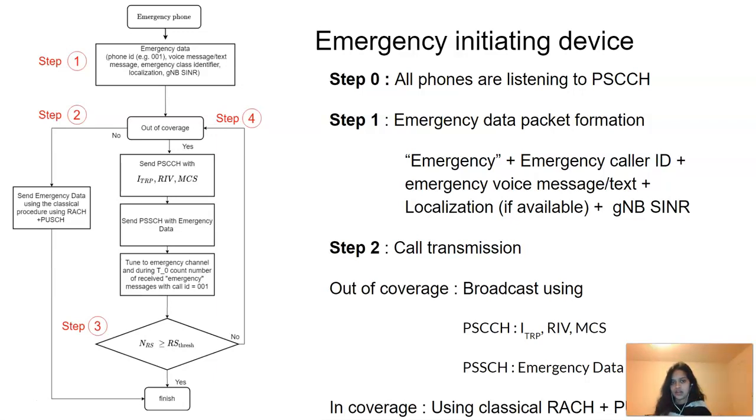However, when it's out of coverage, then it will use the side link, and since it keeps listening to the side link control channel, it will receive the control information from other devices. So when the emergency caller is transmitting control information to other devices, the other devices will receive it.